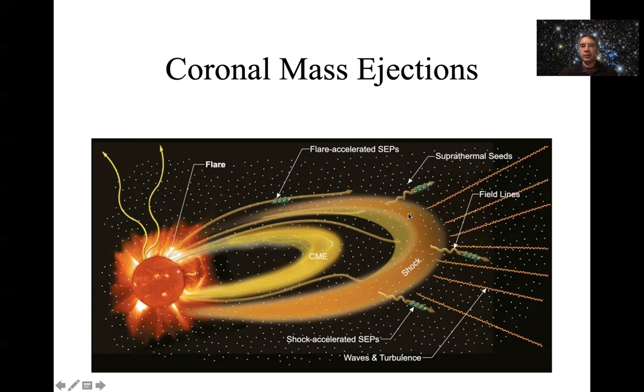When you get a shock wave like this, the shock is traveling faster than the sound speed in the interplanetary medium, and so charged particles will bounce to and fro in the shock and basically get accelerated up to much faster than the thermal speeds. And so you can see this idea of superthermal electrons and ions here. So you can get quite fast particle acceleration occurring as a result of these phenomena.